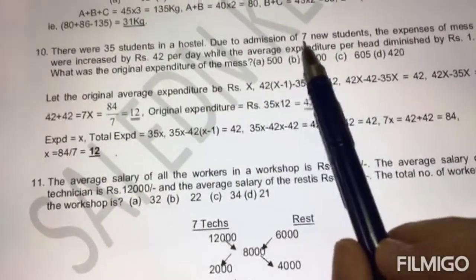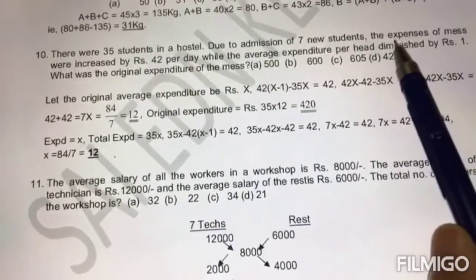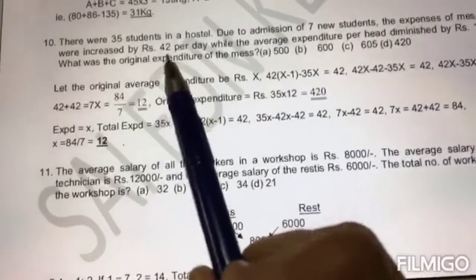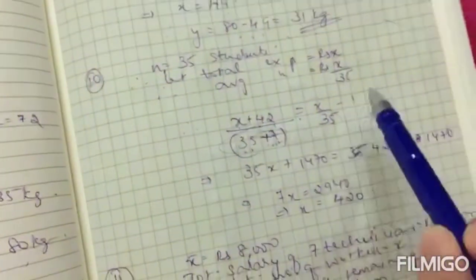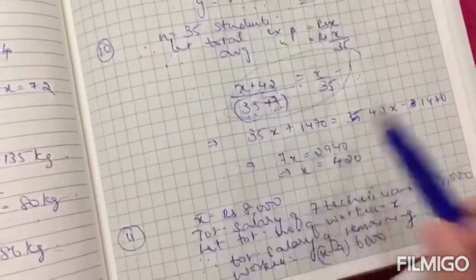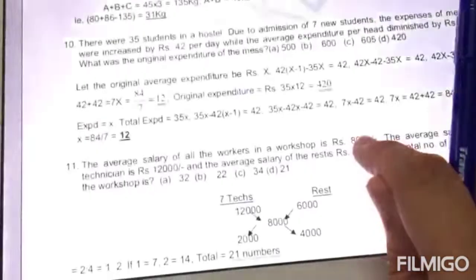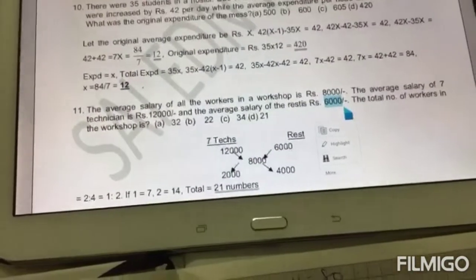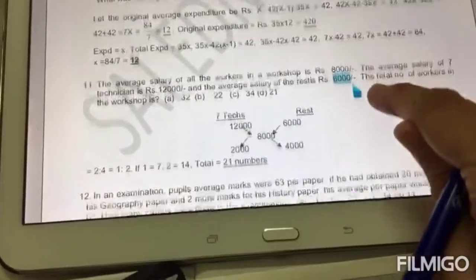The total expenses of the mess increased by 42 per day, while the average diminished by 1. That's what we have captured here. Solve for X, you will get X equals 420 rupees, which is the correct answer, option D. I hope this is clear.